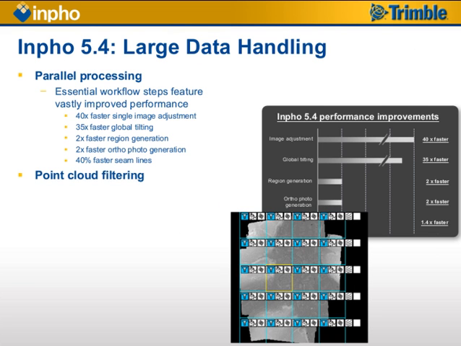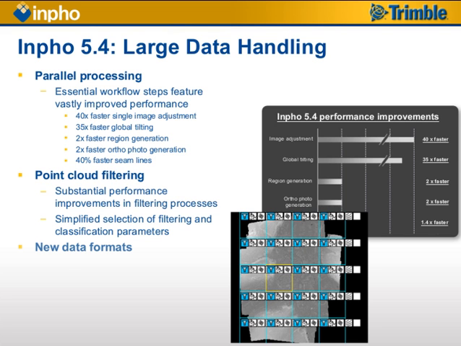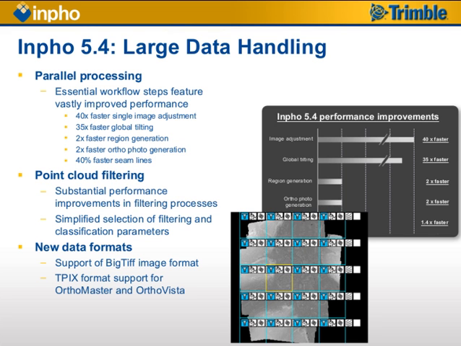The second part that I want to highlight a little bit more is the large data handling. Of course, as you can imagine, using these cost-based matching strategies, creating denser point clouds, and also the situation that we have more and more data to process in ever smaller time frames, we had to do a lot of enhancements in our parallel processing capabilities.